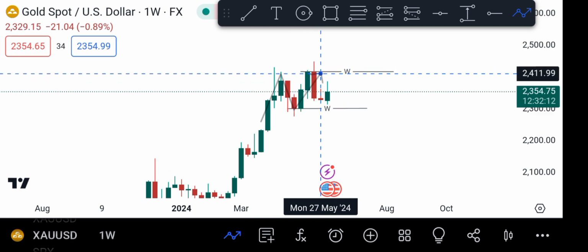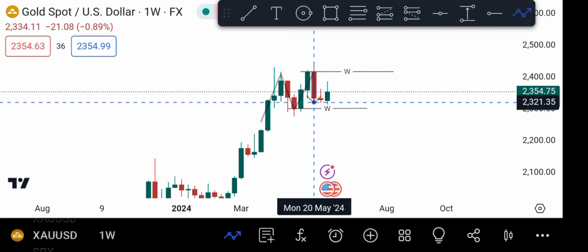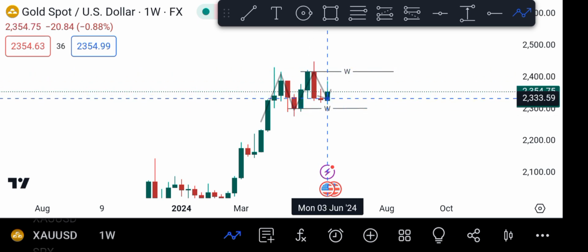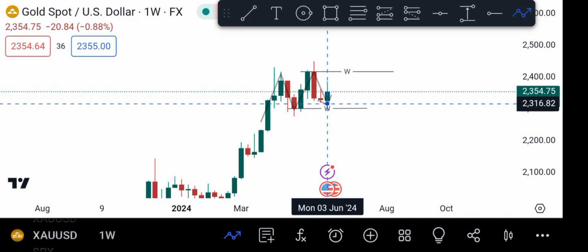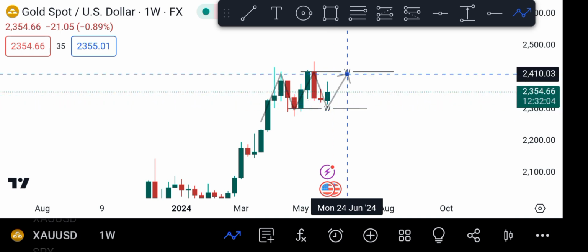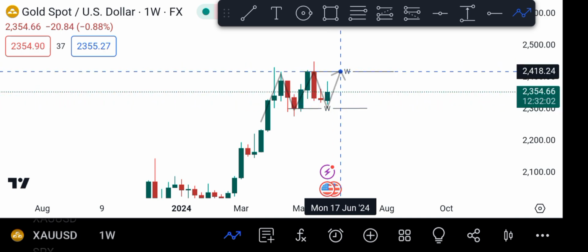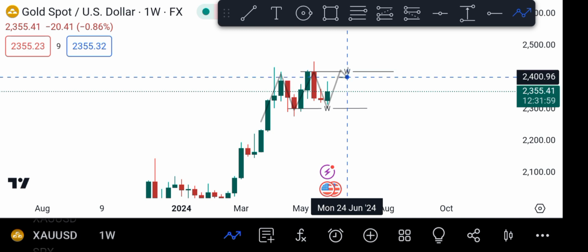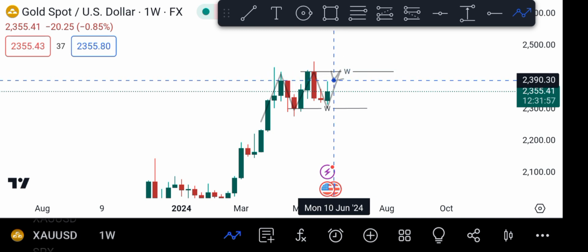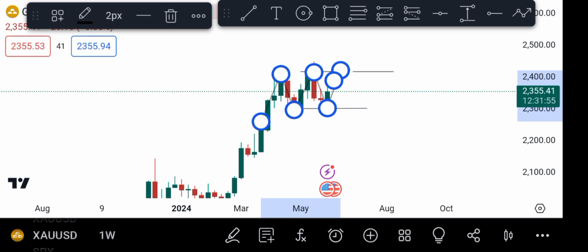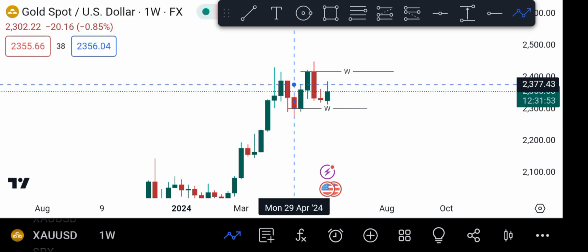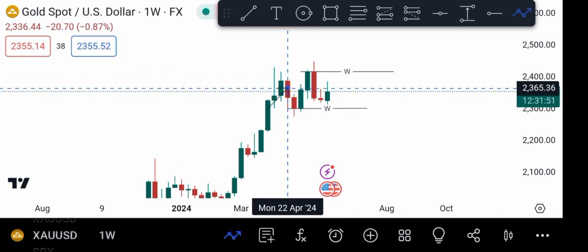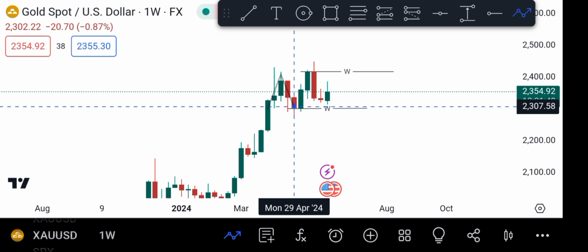Okay, it bounced off this place, retest. Now I'm expecting this candle to retest back this, then I will not opt in again for another buy until it retests. Okay, let me remove this, let me do it again. So it bounced, then came here.